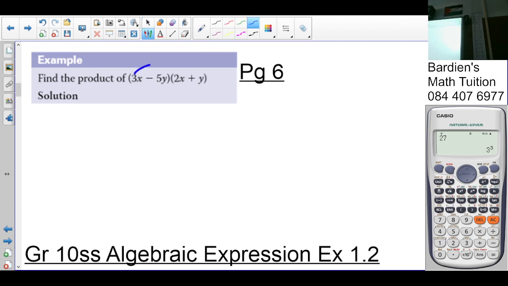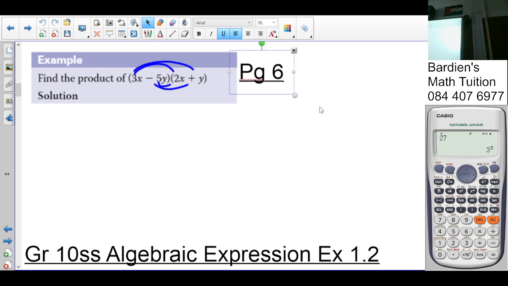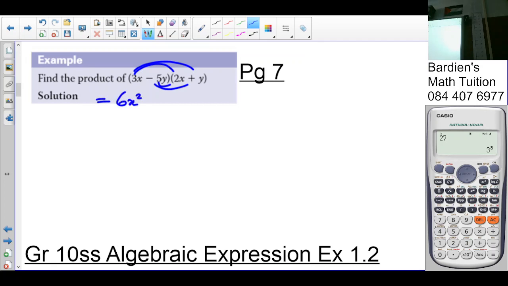Again, we're going to get rid of the brackets by multiplying out. We're looking at examples on page 7. So 3x times 2x is 6x squared. 3x times positive y is positive 3xy.